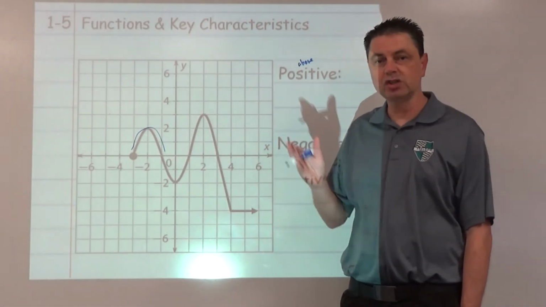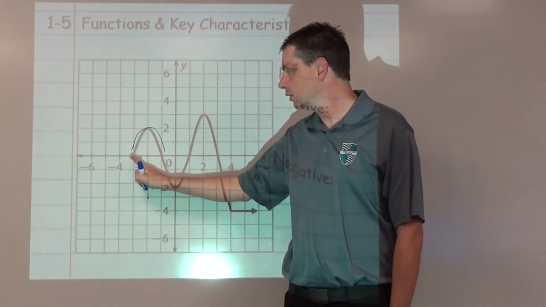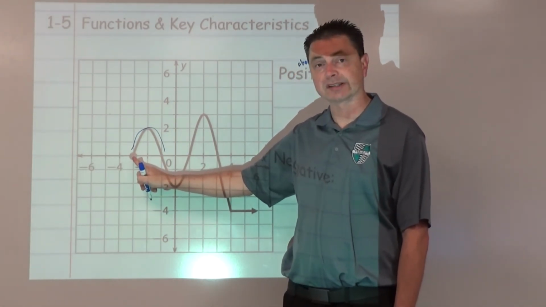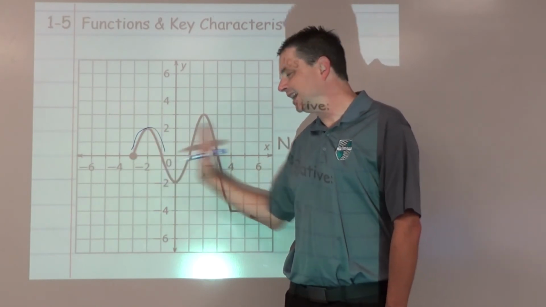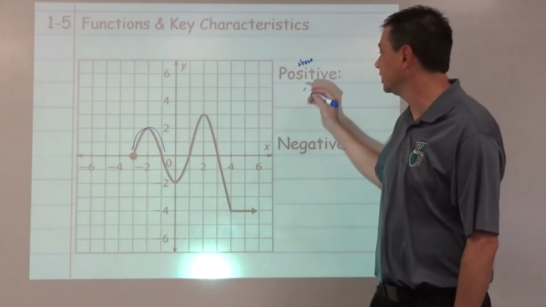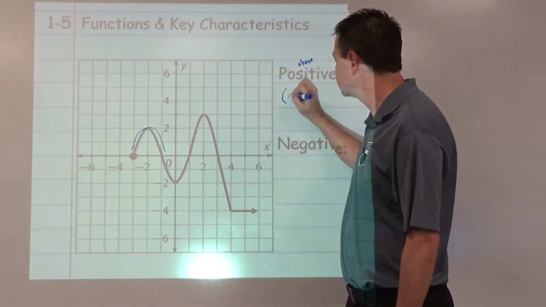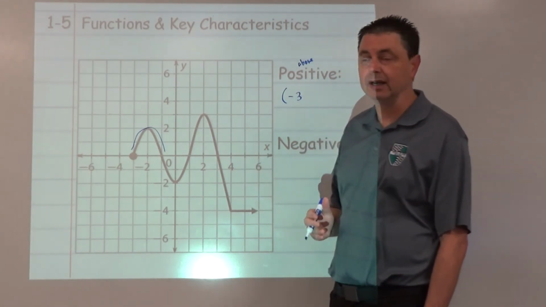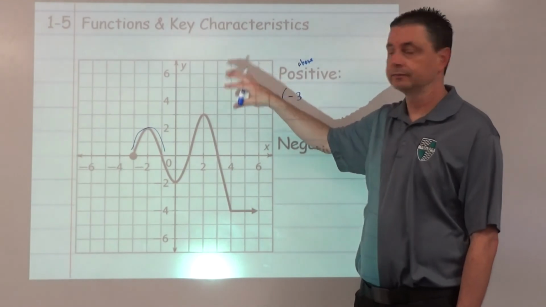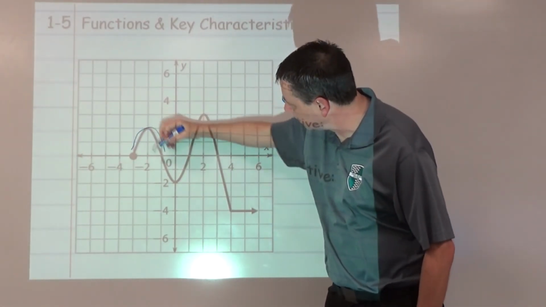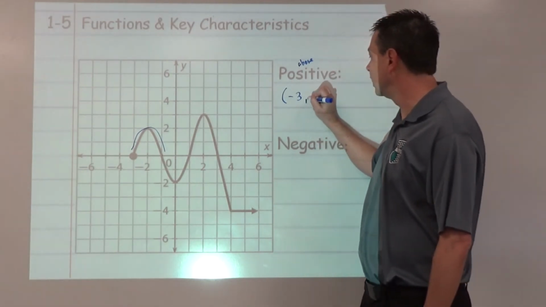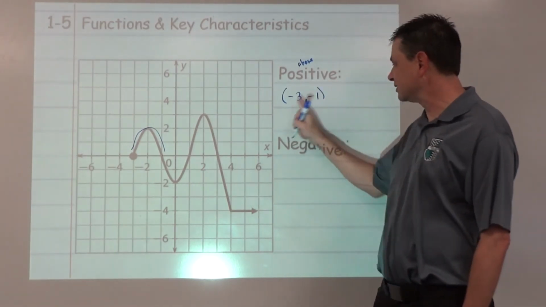It starts to be above right after -3. At -3, it's on, so that doesn't count. It has to be above right after -3, which means we would use parentheses to suggest right after -3, like -2.99, it's above. All of this is above until we get right back to there at -1. You might recognize those values.